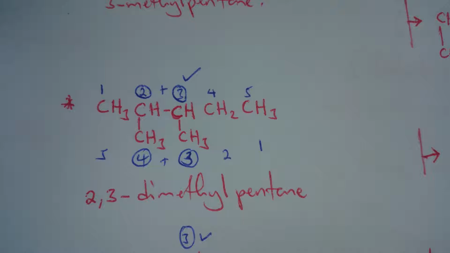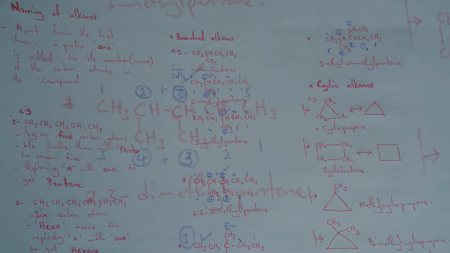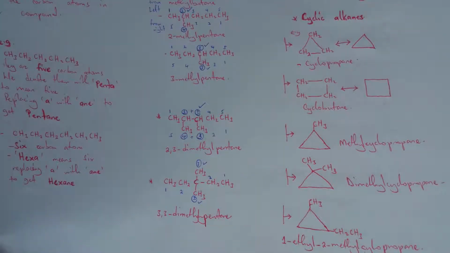So it will be 2,3-dimethyl, together with the parent chain, which is pentane: dimethylpentane. There's no spacing between these words, so you write it as one word: 2,3-dimethylpentane. That's how we name such an alkane.